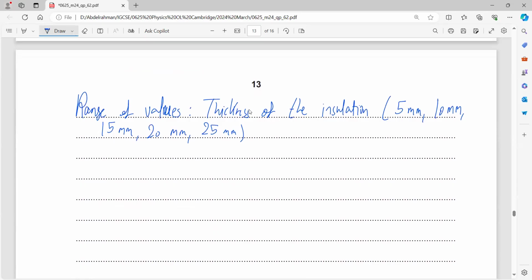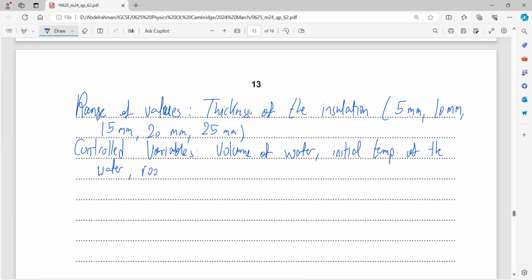What are the controlled variables? Controlled variables in this question would be definitely the volume of water, the initial temperature of the water, the room temperature.